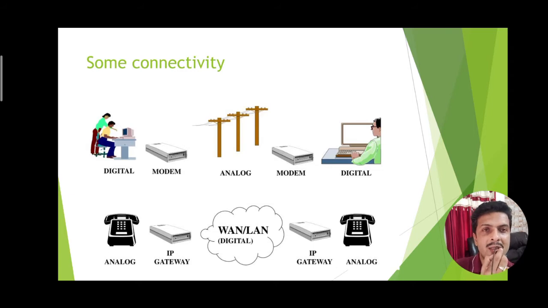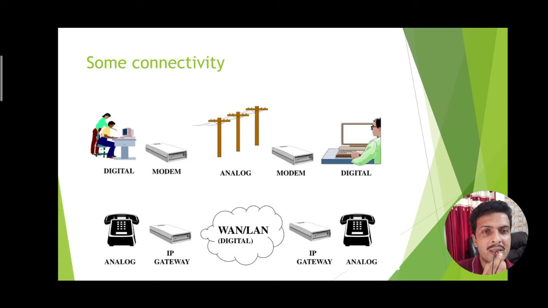Now here we are seeing some connectivity. At the top, it is showing that digital information is given as input to the system, which is connected through the modem to the internet, where the transmission line bears the analog type of signal from one end to the other end. On the other end, there is another person sitting at a computer with a modulator demodulator system. He is getting the information on his computer.